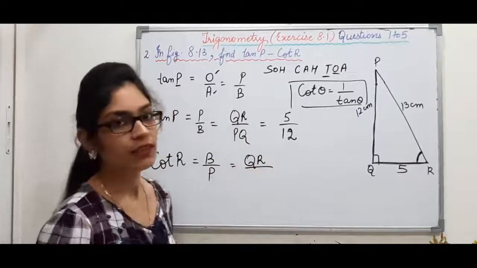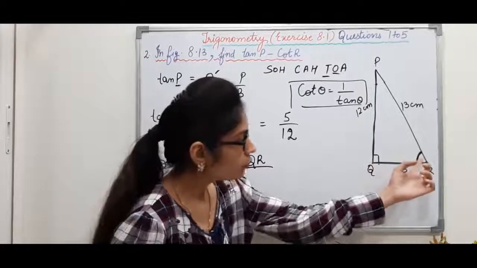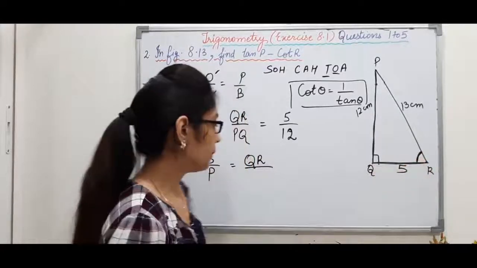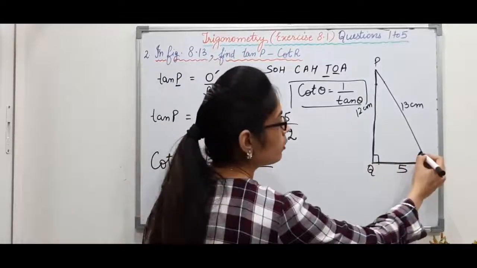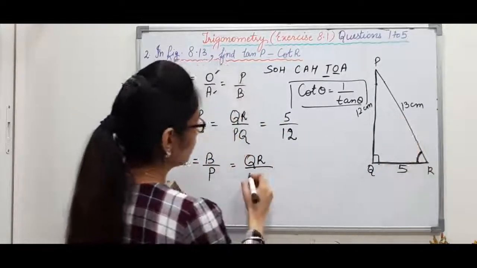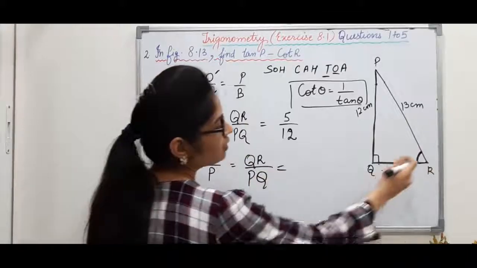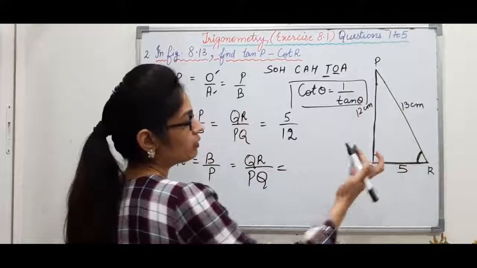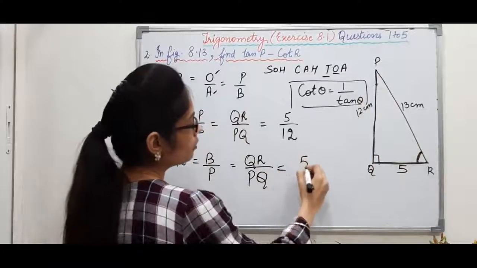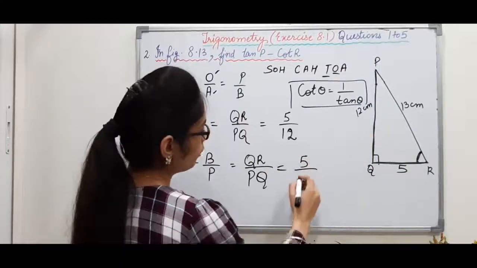So base of this angle is QR. Now perpendicular means opposite. The opposite side of this angle is PQ, clearly visible. So QR is 5 and PQ is 12.